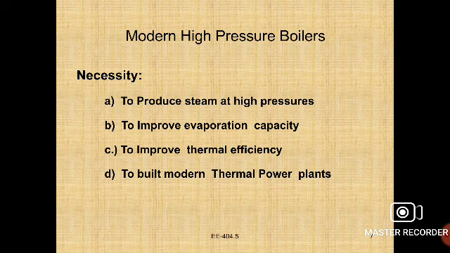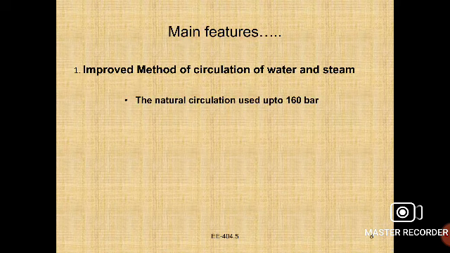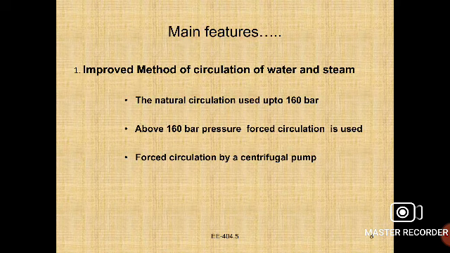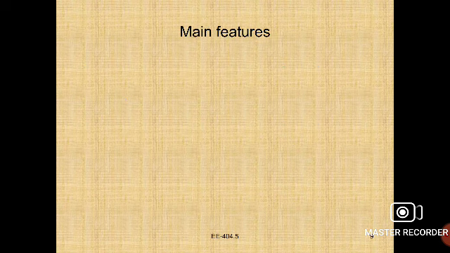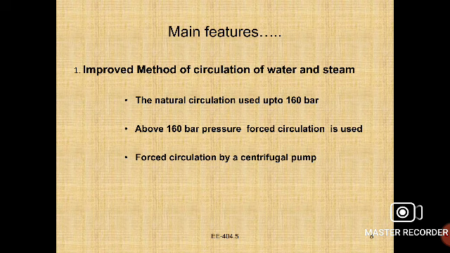Next, the main features. The first is the improved method of circulation of water and steam. Natural circulation is used up to 160 bar of steam pressure only. Above 160 bar, forced circulation is used.